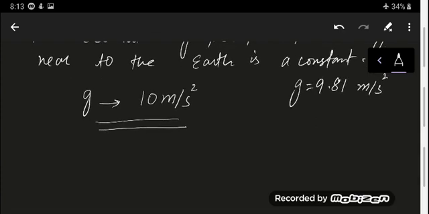So for objects close to the Earth, the acceleration of free fall g can be taken to be a constant.